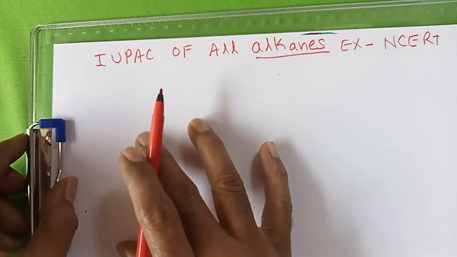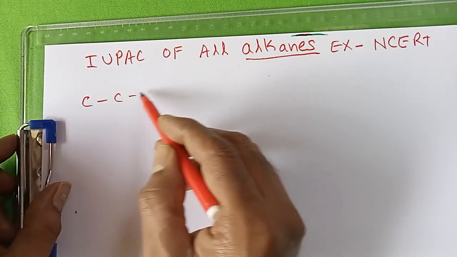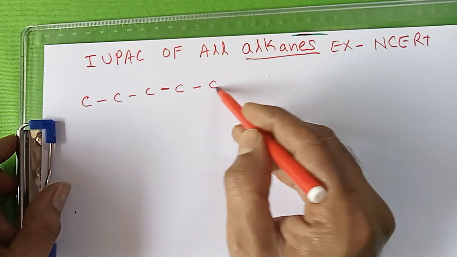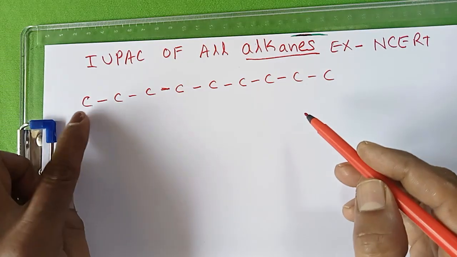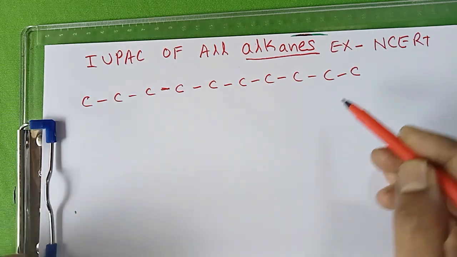Example, carbon 2, 3, 4, 5, 6, 7, 8, 9. 1, 2, 3, 4, 5, 6, 7, 8, 9, 10.